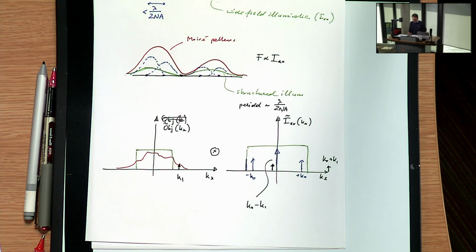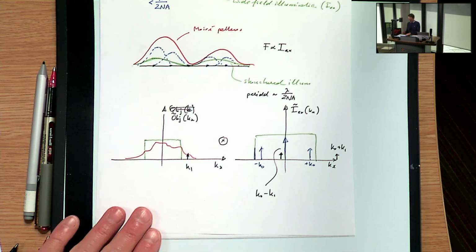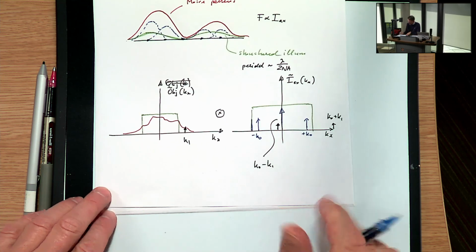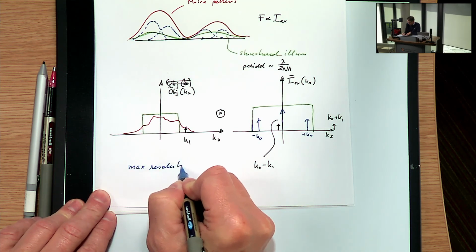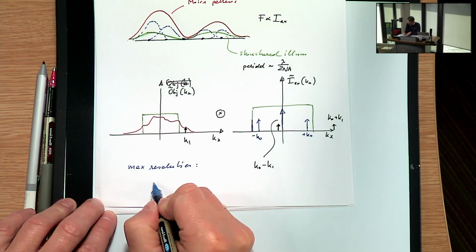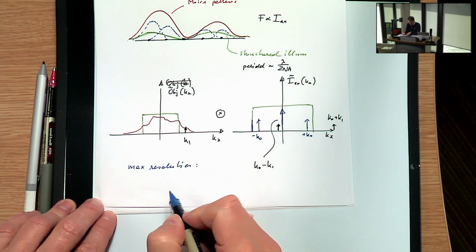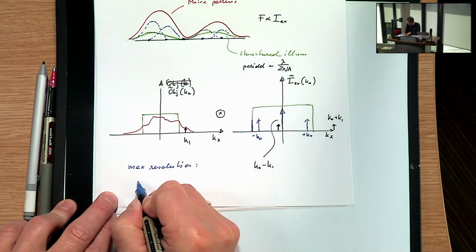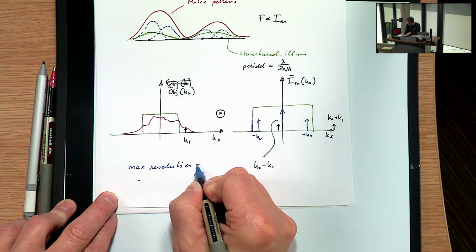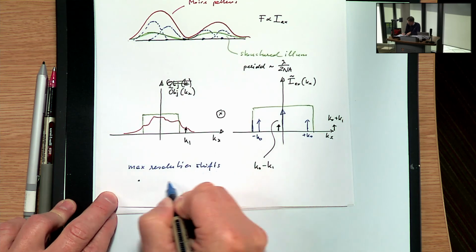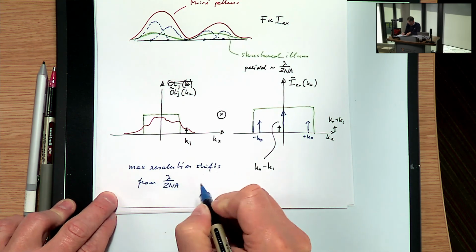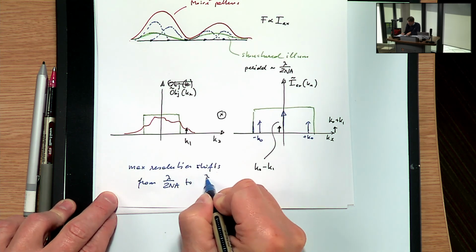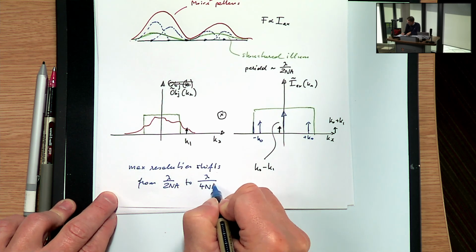That is what that corresponds to. And it turns out that the maximum resolution I can get shifts from the usual lambda over 2NA to lambda over 4NA.